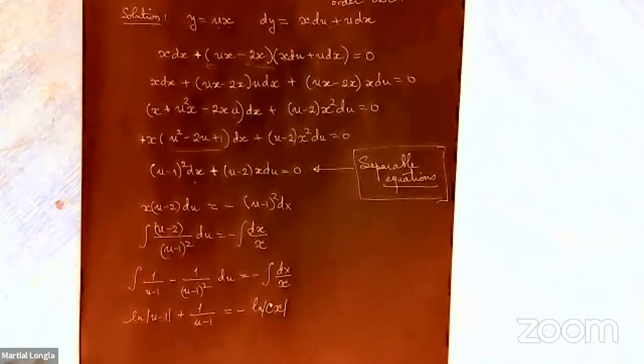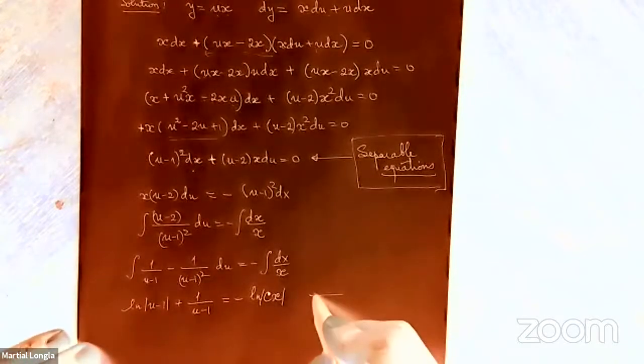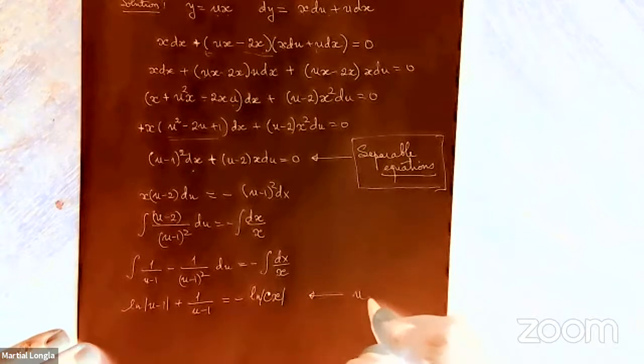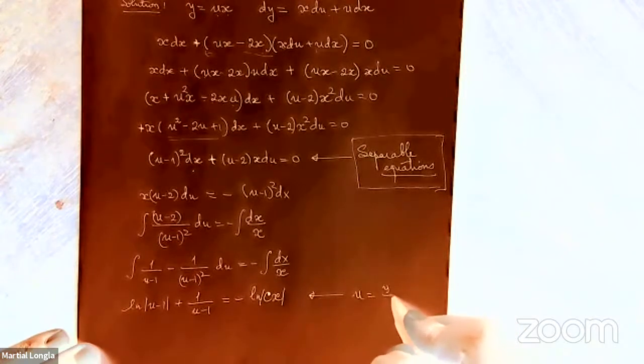And the next thing you do is replace u by what it is. u is y over x.